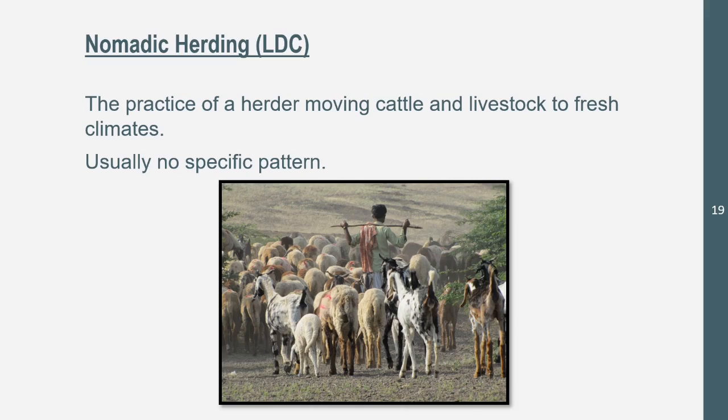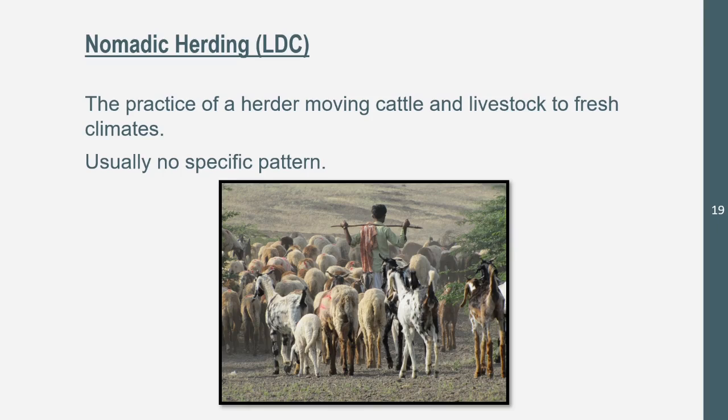Then we got nomadic herding, which is in our LDCs, which is the practice of a herder moving cattle and livestock to fresh climates. And this is usually in no specific pattern, so they're not going by the seasons, like that one word. Hopefully you remember it. I don't remember how to pronounce it. You can see here we have our herder in our LDC moving the cattle and livestock to fresh climates.